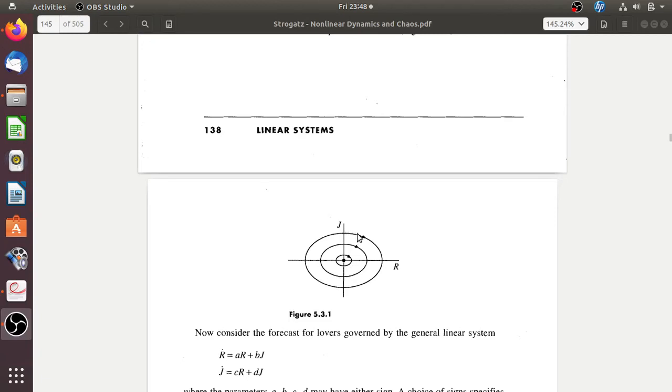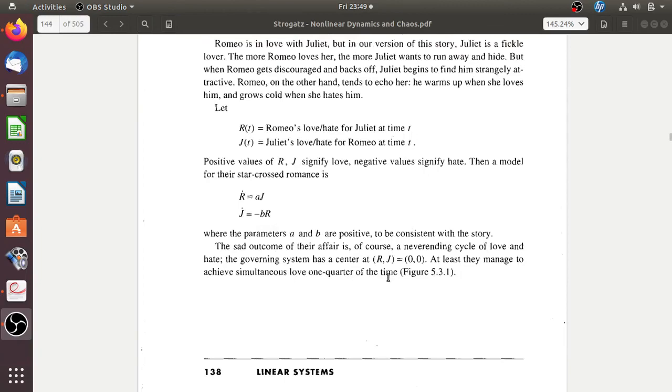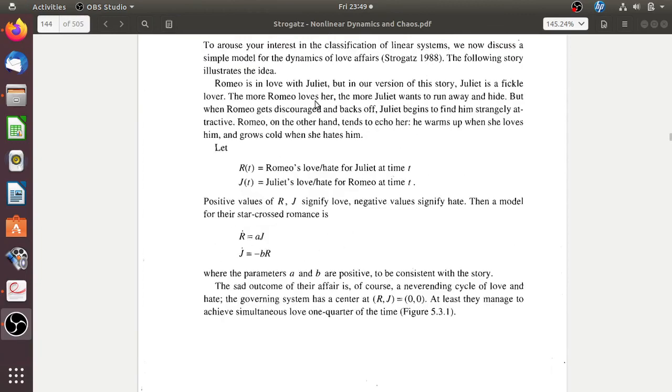It's getting diminished, and it keeps on going, so this story keeps on going. That's what this particular story tells. So this is the dynamics of the love affair of this particular story.